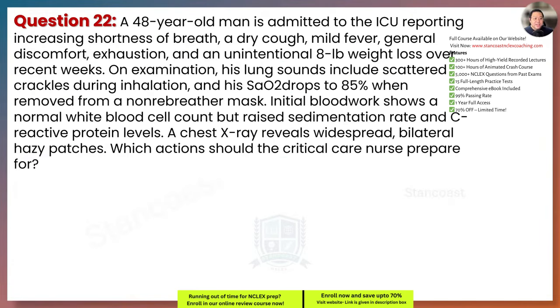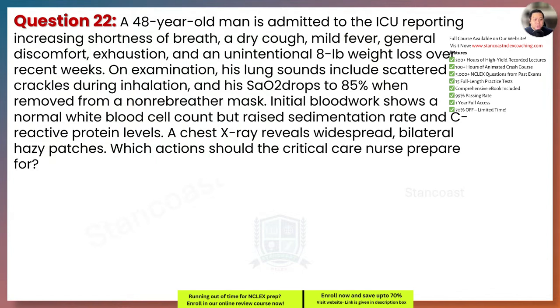22. A 48-year-old man is admitted to the ICU reporting increasing shortness of breath, a dry cough, mild fever, general discomfort, exhaustion, and an unintentional 8-pound weight loss over recent weeks. On examination, his lung sounds include scattered crackles during inhalation, and his oxygen saturation drops to 85% when removed from a non-rebreather mask.